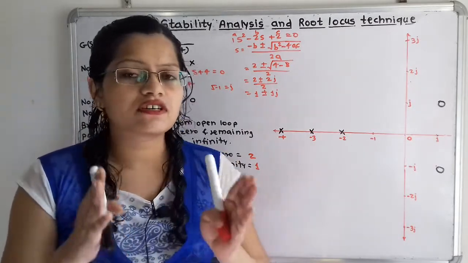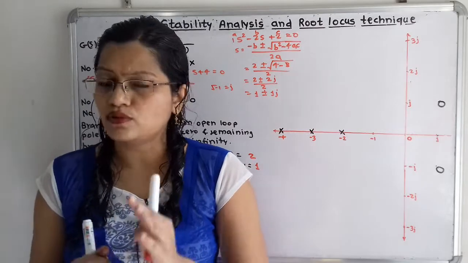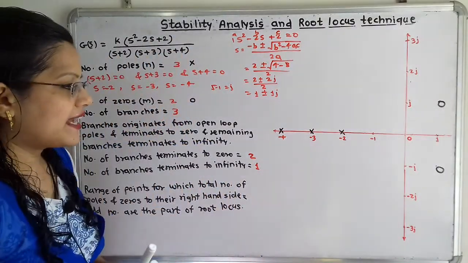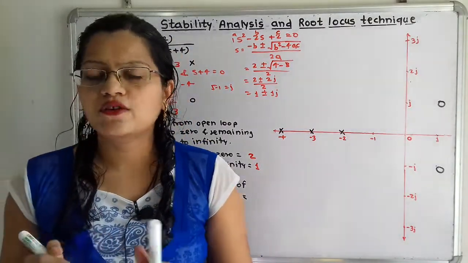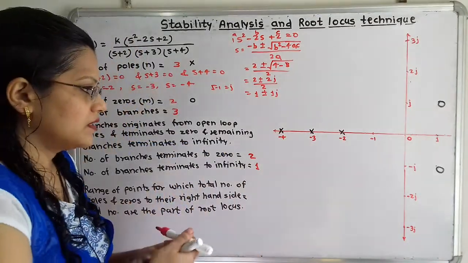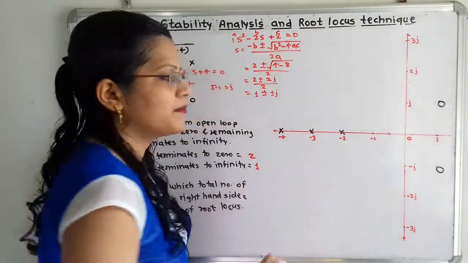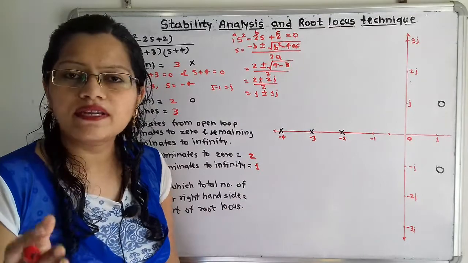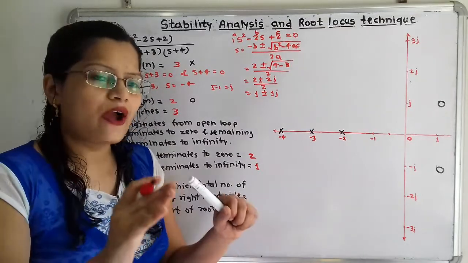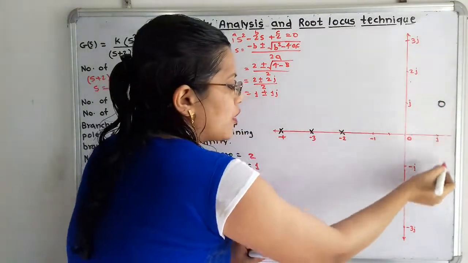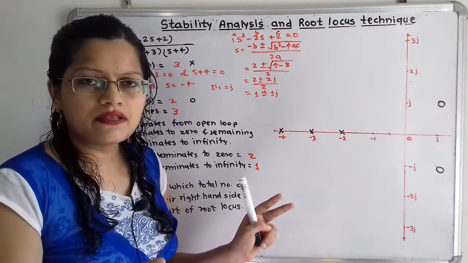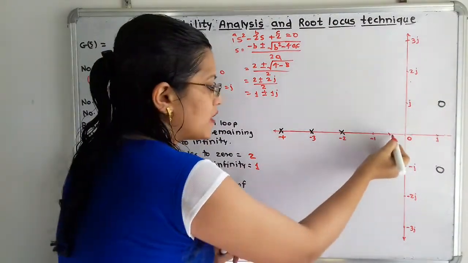Now we will use the trial and error method. So how? If I take any point in between 0 and minus 1, I will select a random point. To its right hand side, how many poles and zeros? So we have to add, total 2. Now this 2 is an even number, so this point does not lie on the root locus.